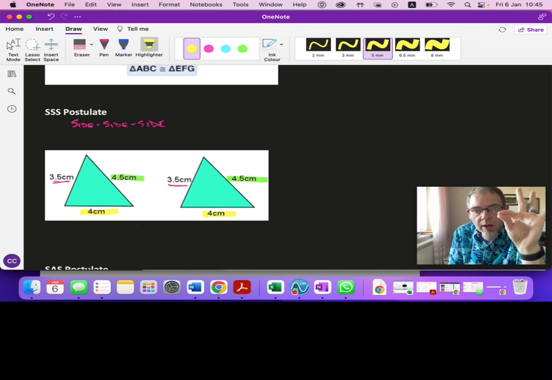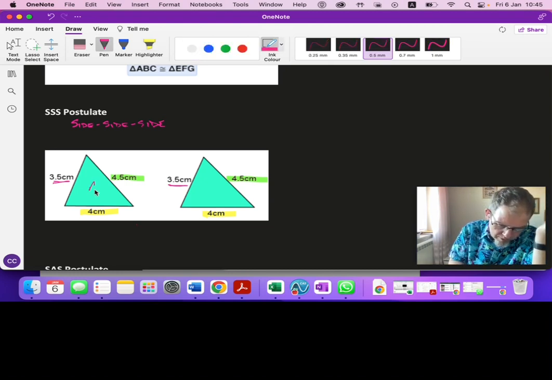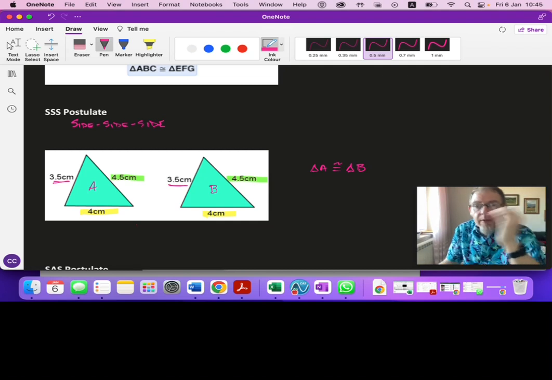So for those two triangles, and I'm just going to label this A and B, I could say that triangle A is definitely congruent with triangle B. And that's one of the things that we're going to be working on over the next few days, practicing this idea of how we can prove that two triangles are congruent. So that's the first way we can do it.